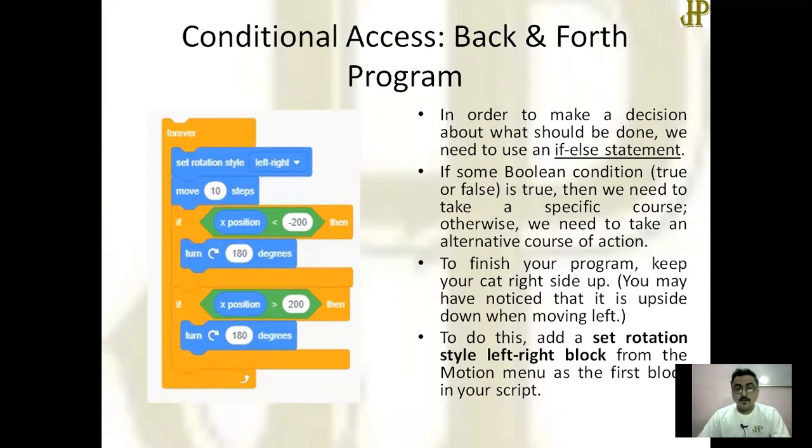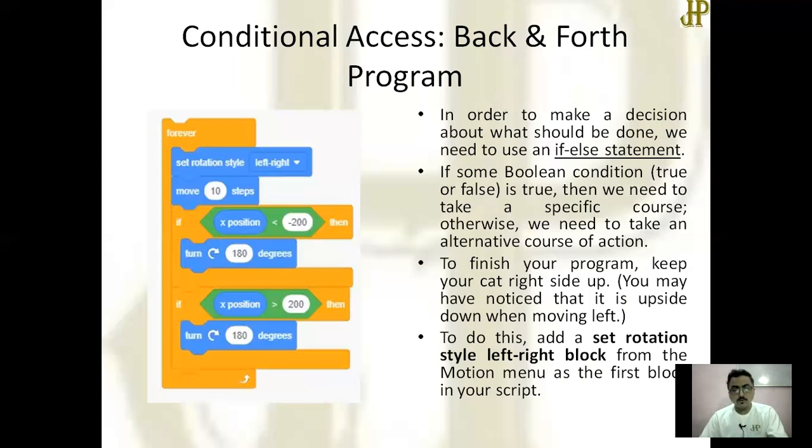And if X position is greater than 200, I am on the right side of the action area, then again move to the left side. So we have to turn again 180 degrees. And these rotations should be left, right. If I have not included this set rotation style left, right, then my cat will be on its lower side.